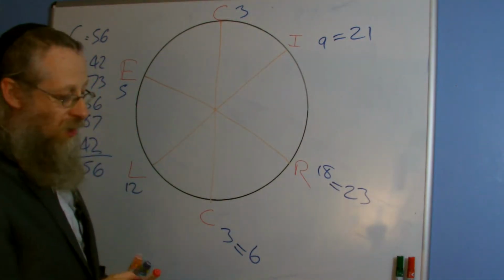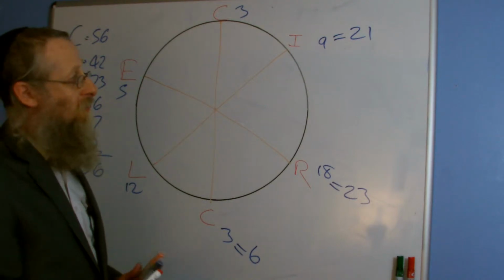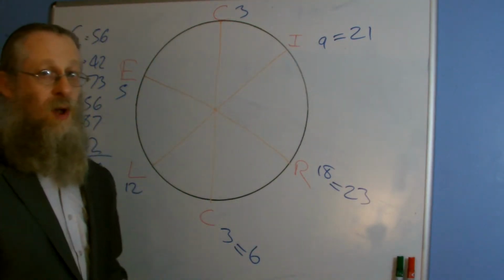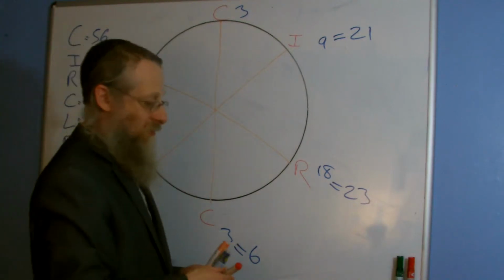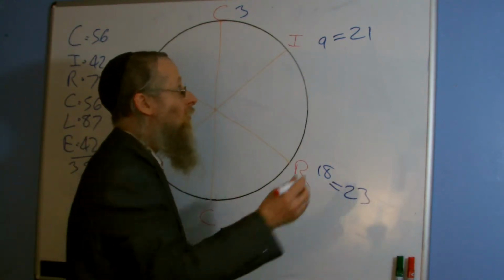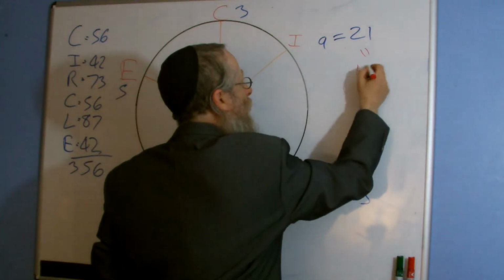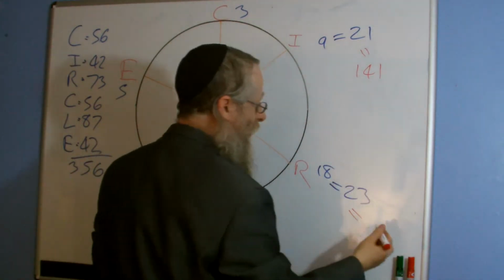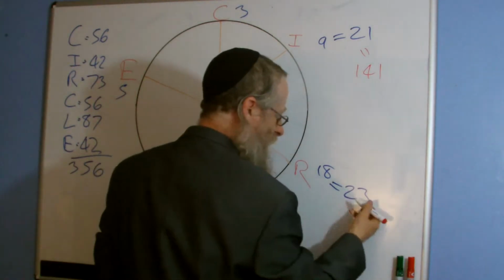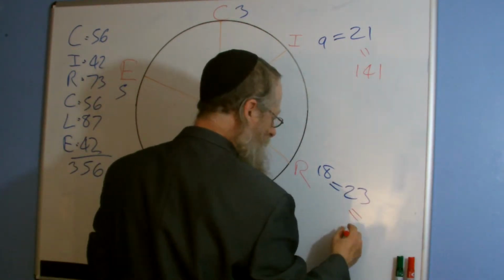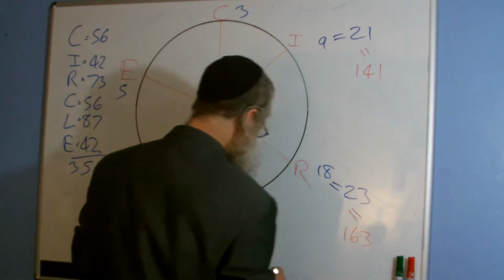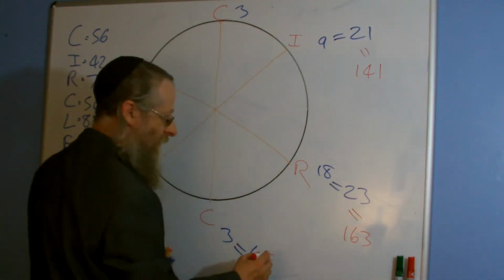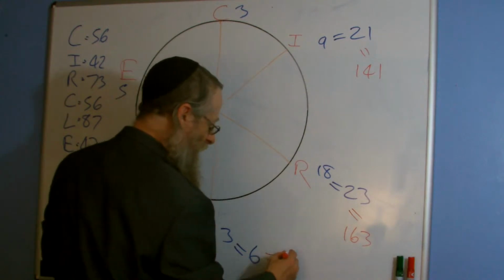Now I work out the large value of each one of these letters. 21 would be the letter U, and the word twenty-one is 141. 23, which should be a W, is the 23rd letter, and the word twenty-three is 163. And 6, which is the letter F, will give us 52.